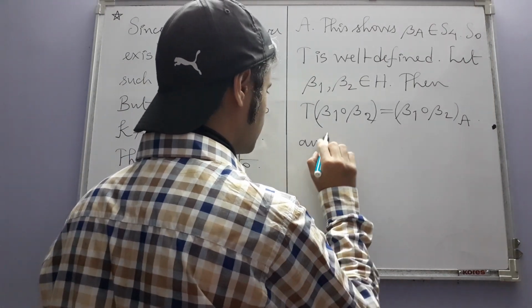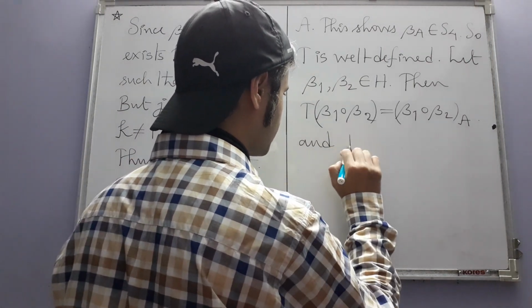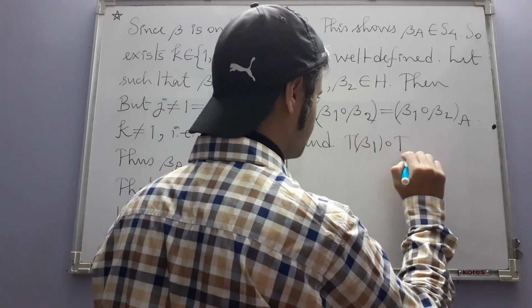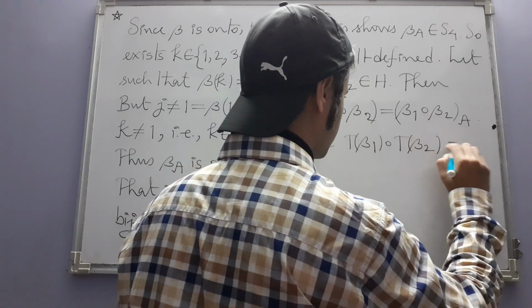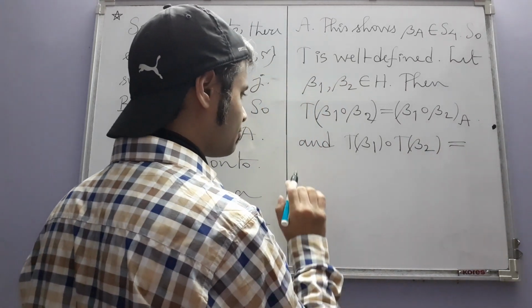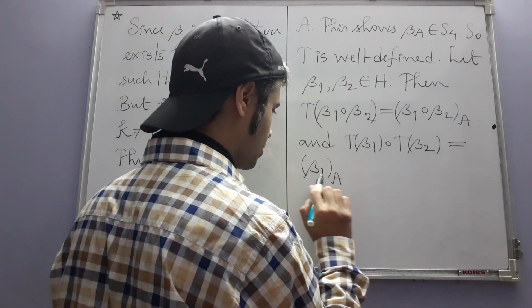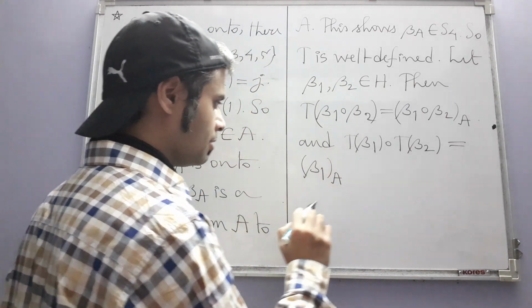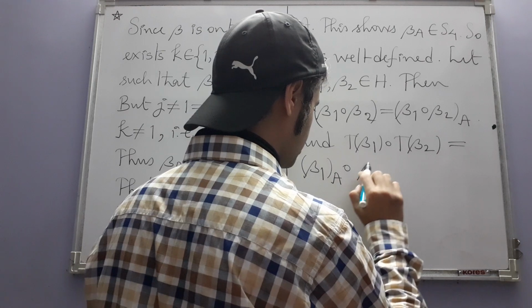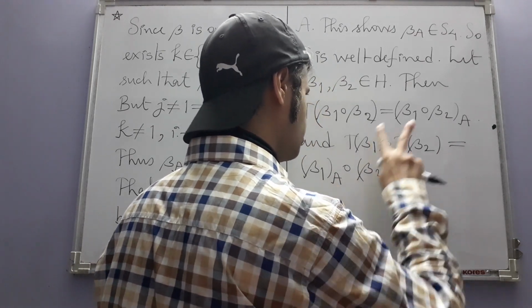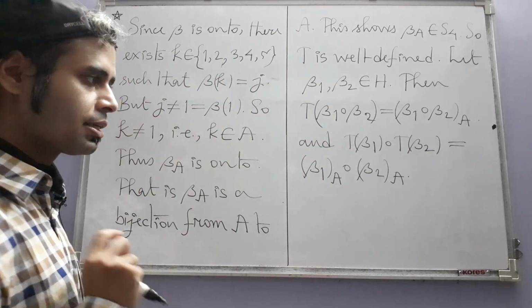and at the same time, what is T of beta 1 composition T of beta 2? That is the composition of the restriction of beta 1 to A, because we already have a suffix, so I am using brackets, and the restriction of beta 2 to A. Are these two compositions, are these two functions the same thing?